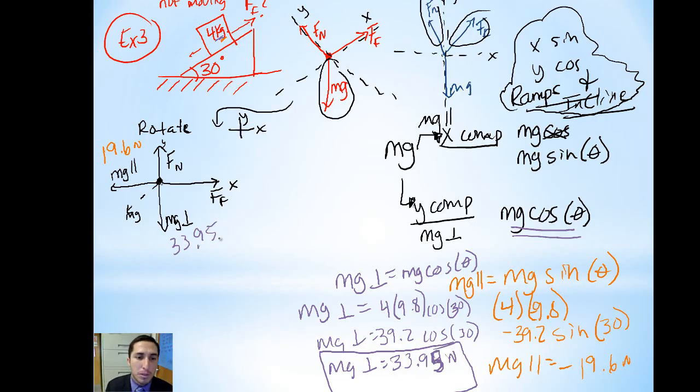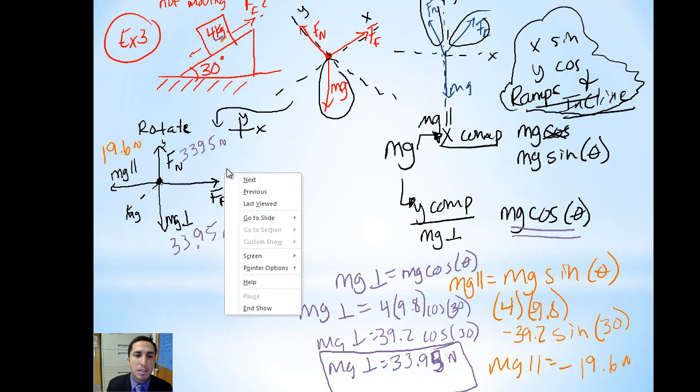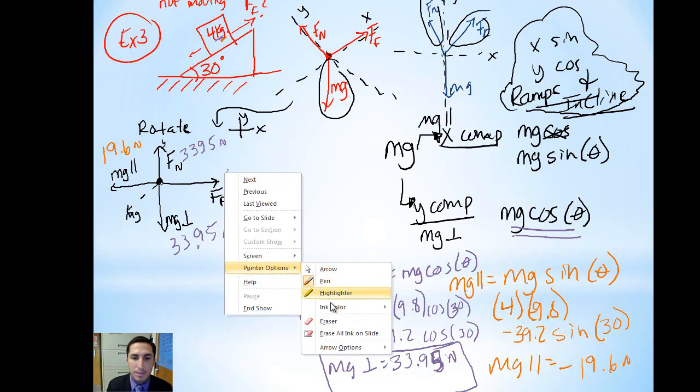So what's your normal force going to be? Well, your normal force is always going to be this piece, this mg perpendicular. It'll always be the same as your mg perpendicular. So I'm going to write 33.95 newtons up there.